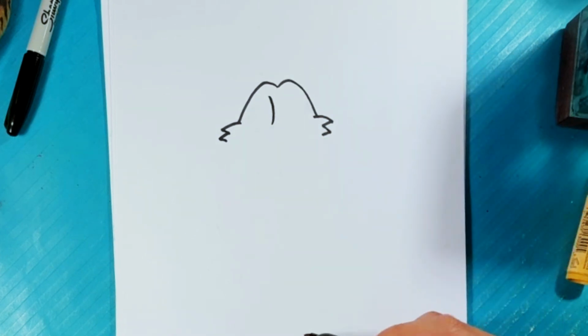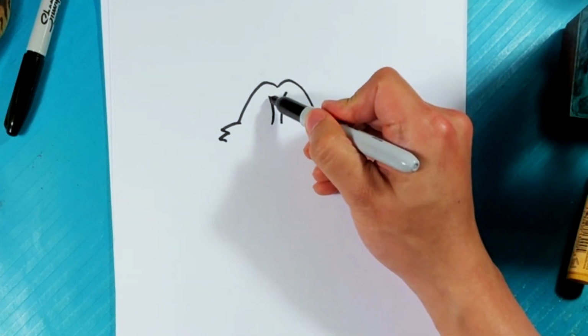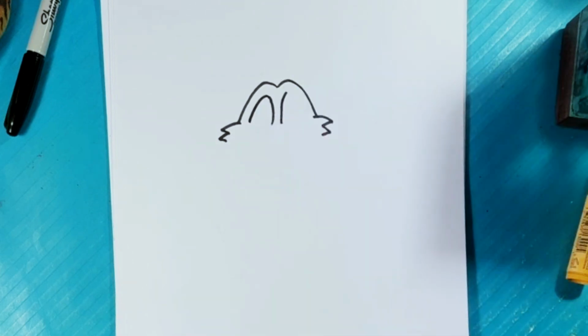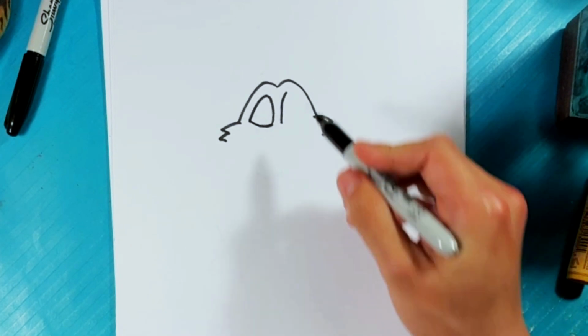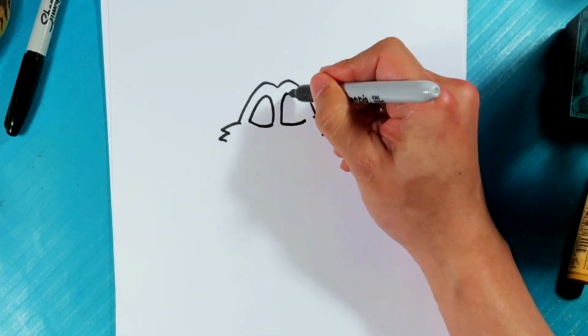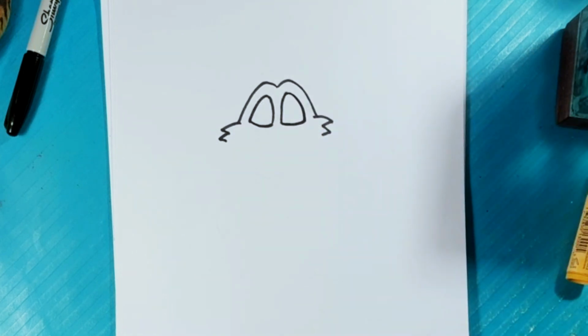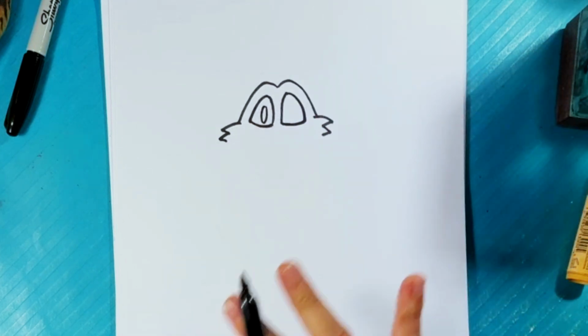Line up over here. Curve down on this side, and then curve along the bottom. Curve along the bottom here, and curve along there. Circle. Make the circle a little bit bigger than you think.